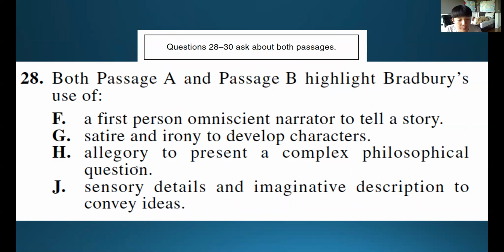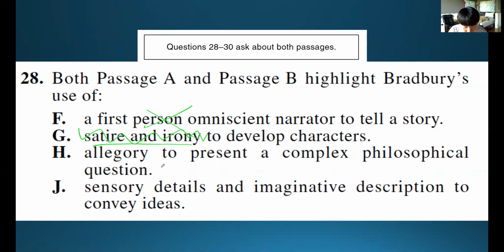So do both passages use first-person omniscient? Does the second one use first-person omniscient? No, it says said Douglas and said John. So that's wrong. Passage B does not use first-person omniscient. Does either passage use satire and irony to develop characters? No, that doesn't show up. How about allegory?